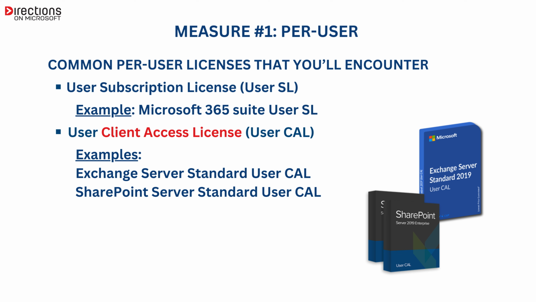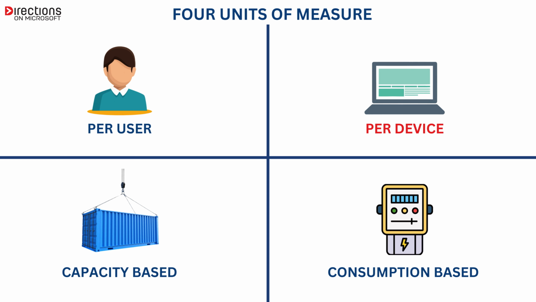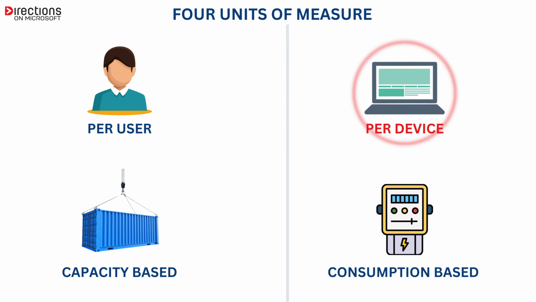A user CAL bestows the right on an individual to, quote, access, or in other words, receive data from or provide data to these server products. That's it for our first metric type, per user. Now on to the second type, per device.